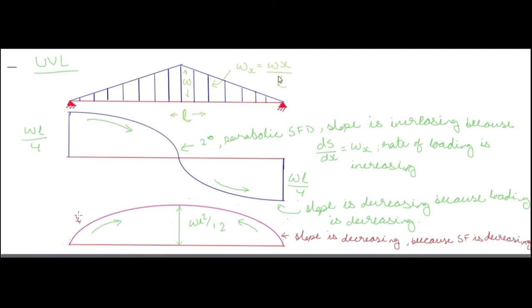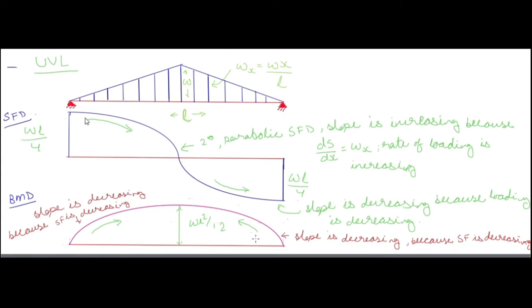The whole span of the simply supported beam is L. Now at the left support we have WL by 4, and at the right support we have minus WL by 4.